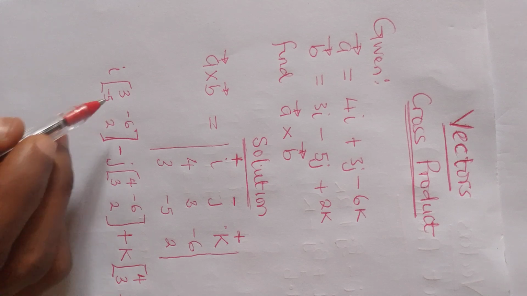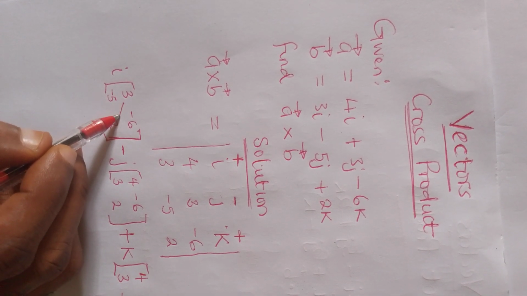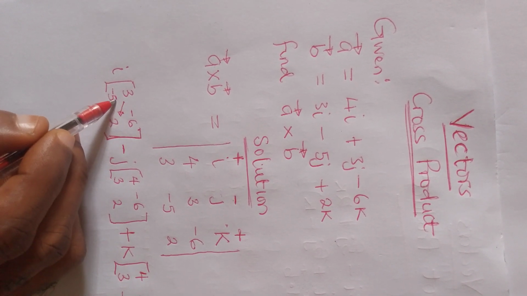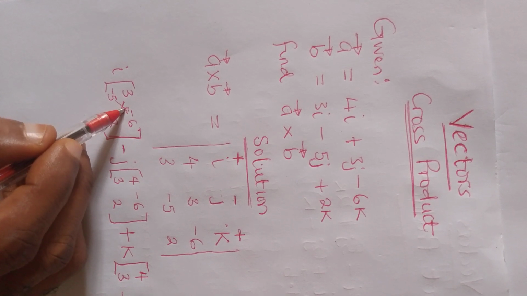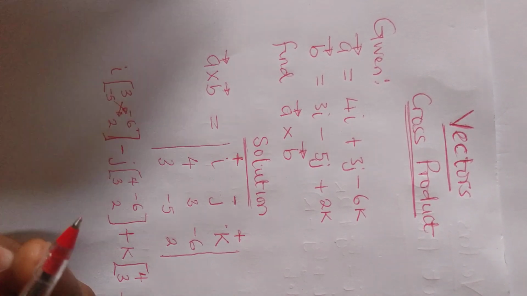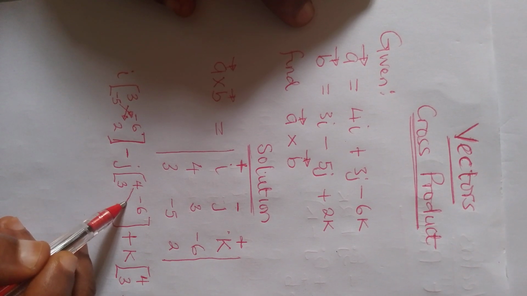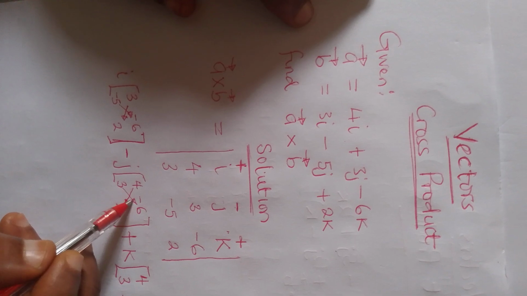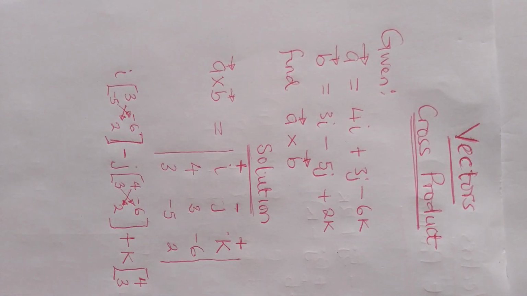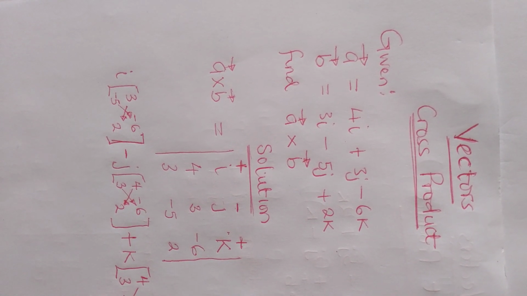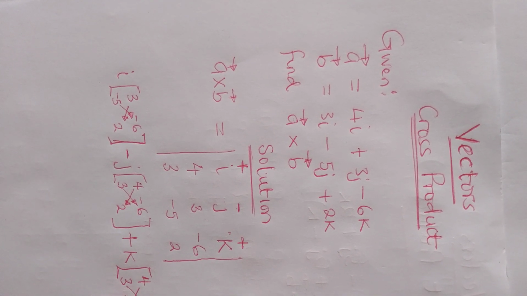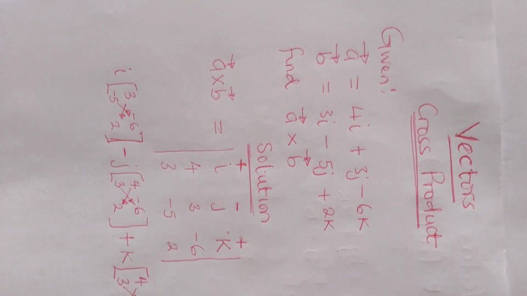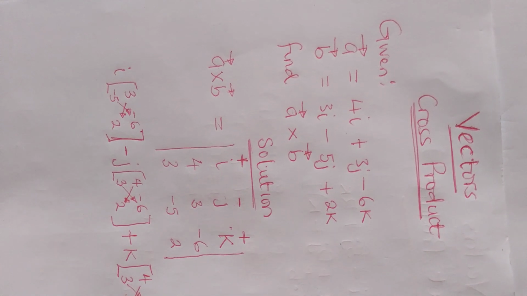The second step will be this multiplying this minus this multiplying this. That is how it will be.